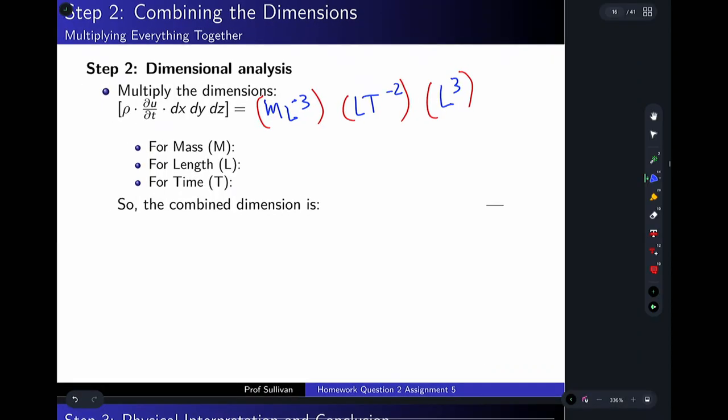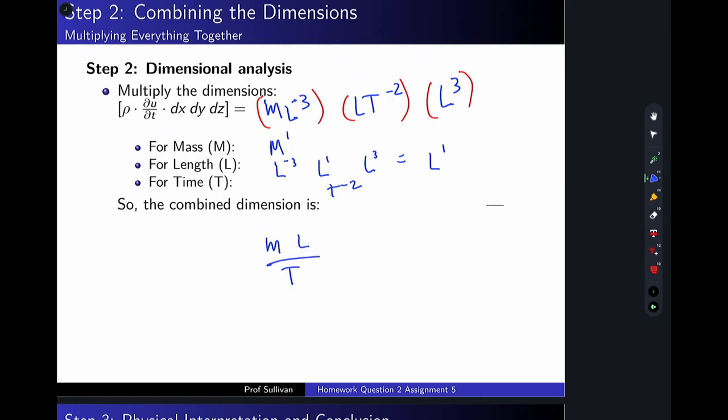So that's just mass to the 1. That's going to be L to the minus 3, L to the 1, L to the 3, and that equals L to the 1, and time to the minus 2, ML over T squared, which equals, well, there you go, that's what it equals.